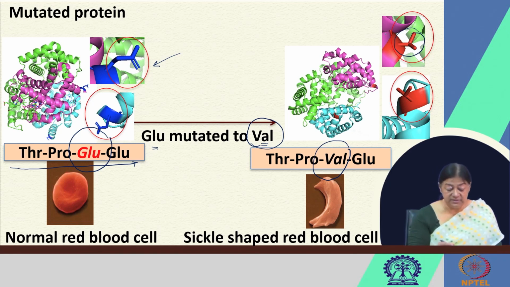And this characteristic leads to the red blood cell going from a normal type to a sickle shaped red blood cell, giving you this deadly disease.